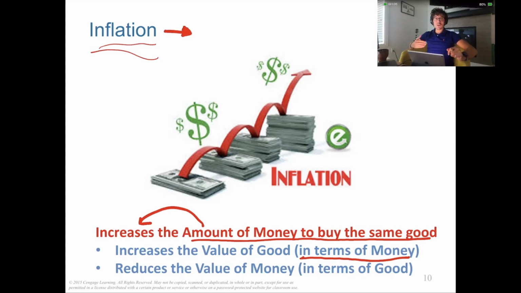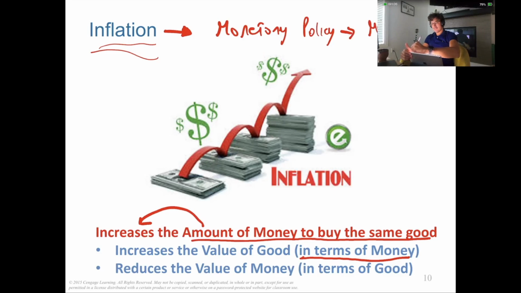Something that we are going to try to understand in this chapter is how monetary policy, by affecting the money supply, causes inflation. And the intuition actually is going to be very simple.